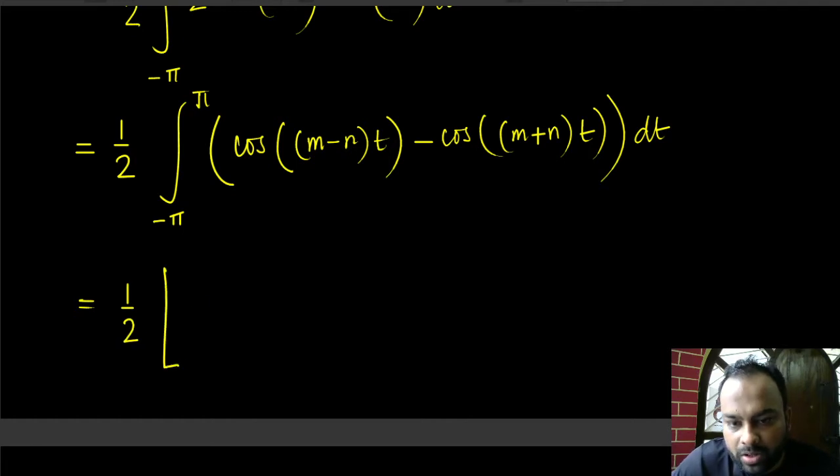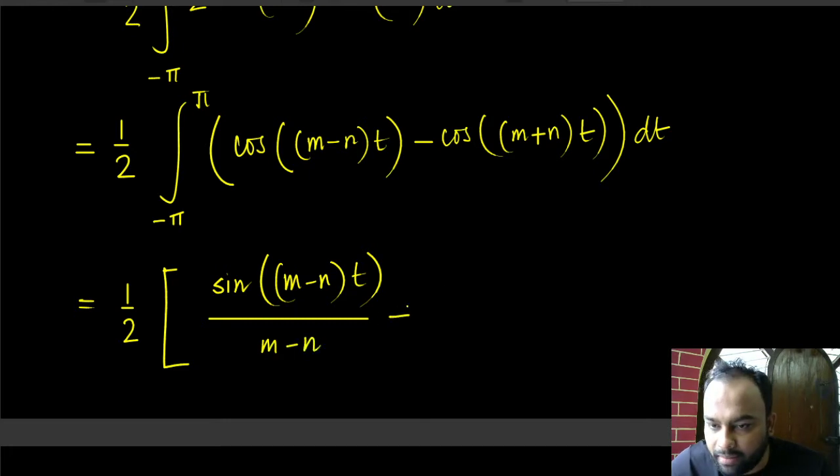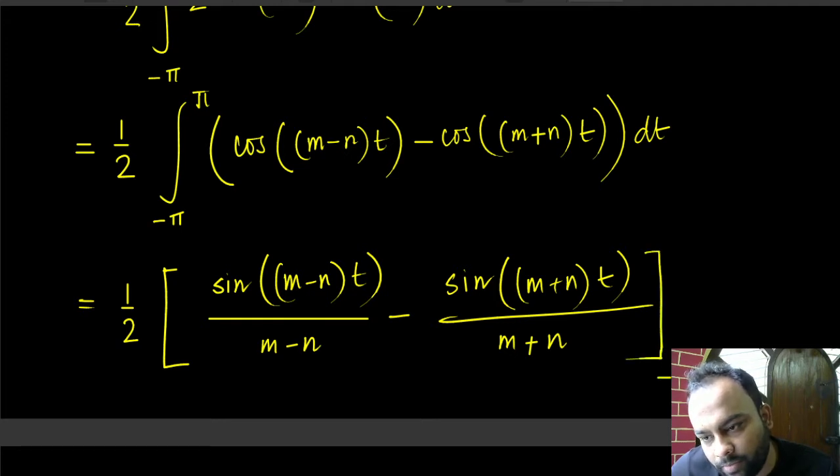If I integrate cos (m minus n)t with respect to t, then I would of course have sin (m minus n)t divided by (m minus n), minus sin (m plus n)t divided by (m plus n), and the limits are from minus pi to plus pi.